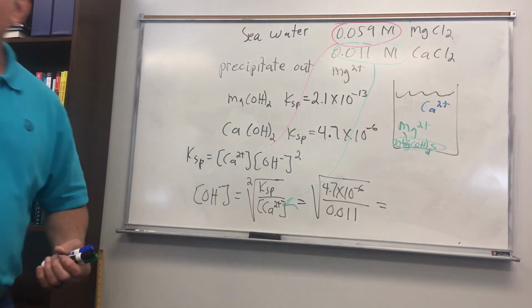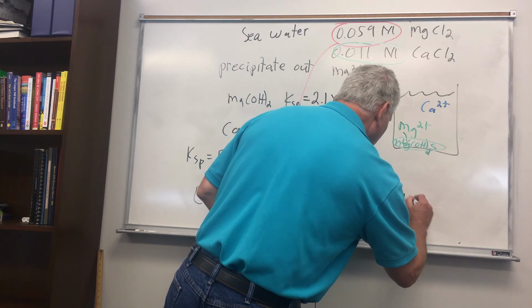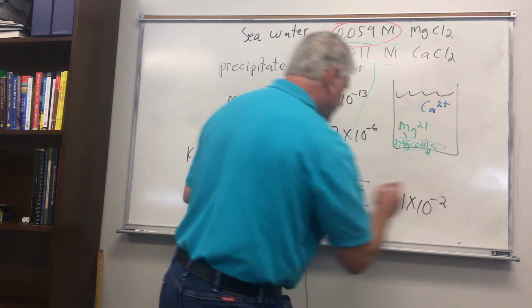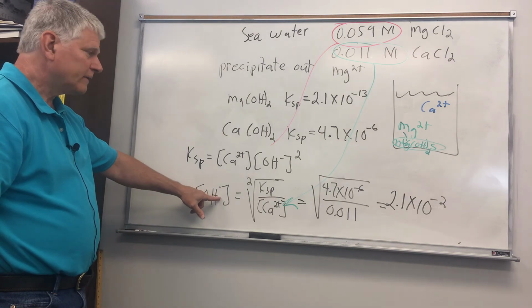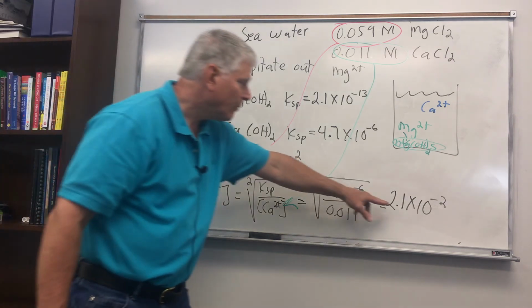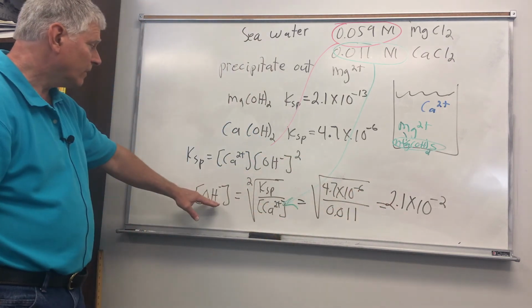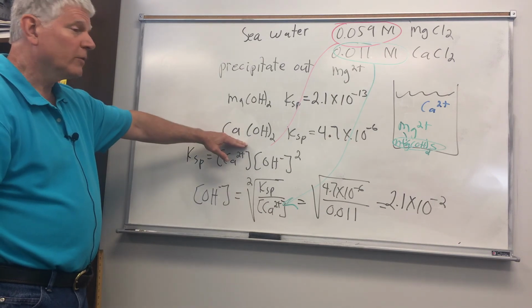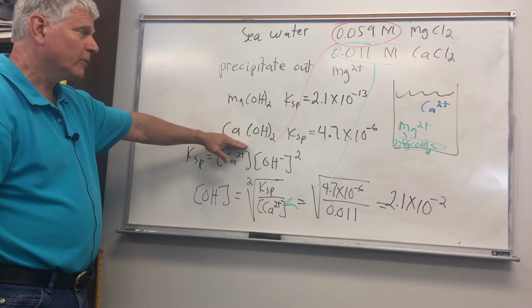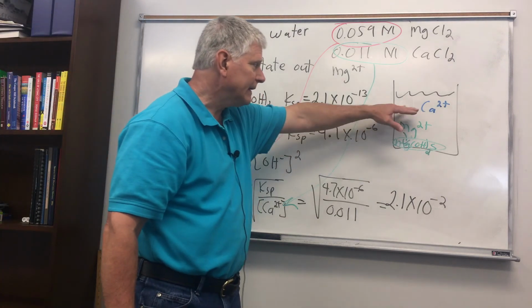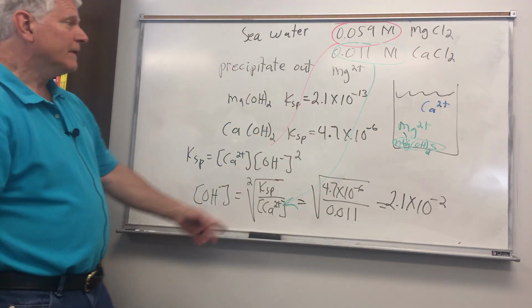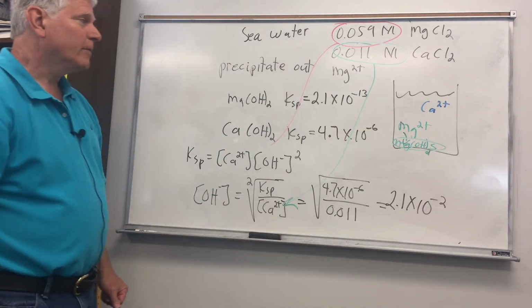So that gives 2.1 times 10 to the minus 2. So if we keep the OH minus concentration below 2.1 times 10 to the minus 2, calcium hydroxide will not precipitate out because it will remain soluble. Therefore, we can precipitate out most of the magnesium 2+, leaving the calcium 2+ in solution.